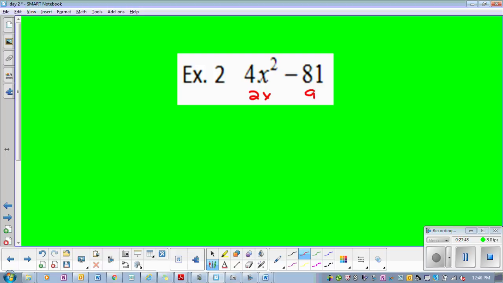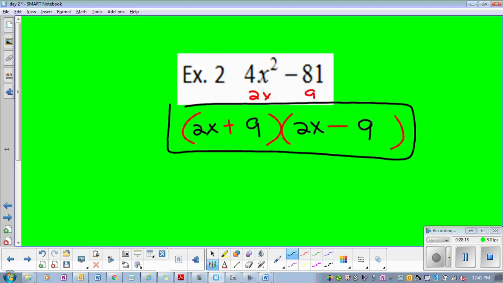So, you know what, guys? Double parentheses, opposite signs. What goes in the first spot? 2x. What goes in the second spot? The 9. Good. So if you have a number in front, if you have a coefficient, it's okay if it doesn't GCF out. If it's a perfect square, you can square root it, right? I'll just go right in. There.